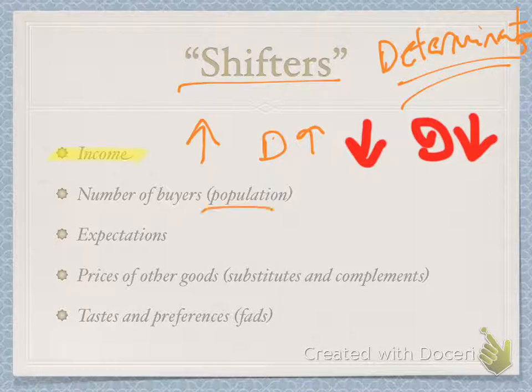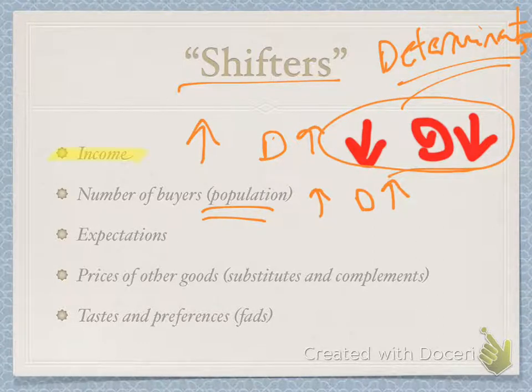Population. If the population of Minnesota doubled, the population increases. You would expect the demand for something like Sweet Tango apples, the demand would increase. But if the population were to decrease, you would expect the demand to decrease. Expectations about the future is a shifter. Let's imagine you think gas is going to be more expensive tomorrow, then your demand would increase today.